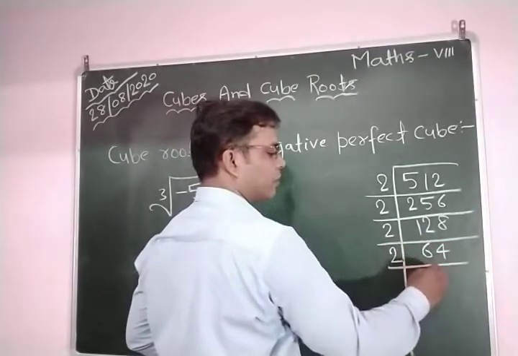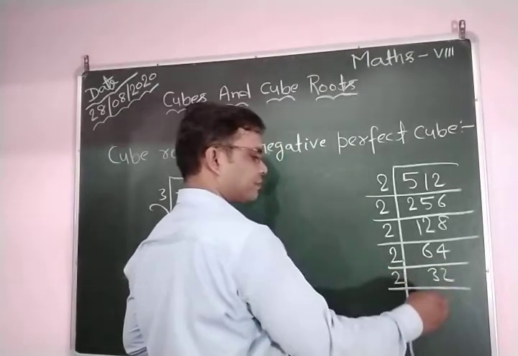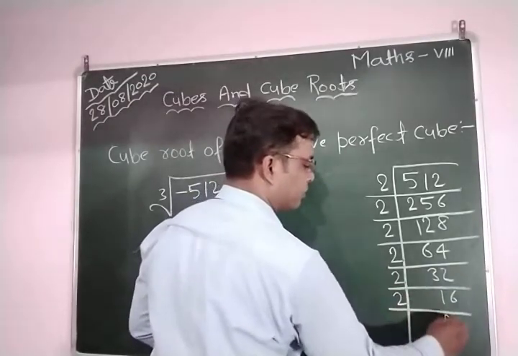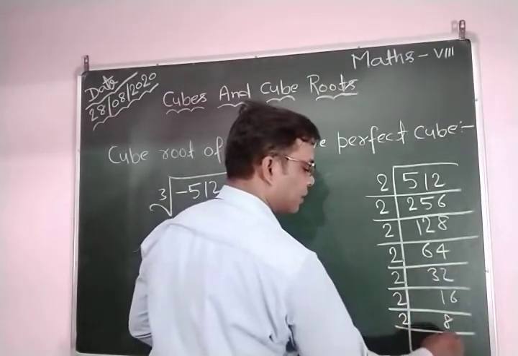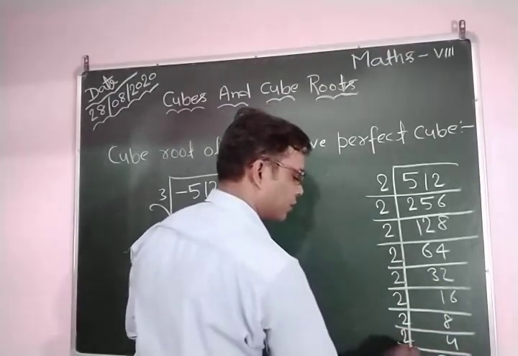Again by 2 we obtain 128, then 64, then 32, then 16, then 8, then 4, then 2, and finally 1.